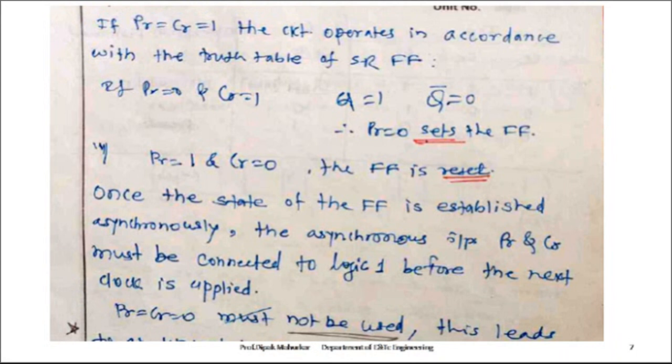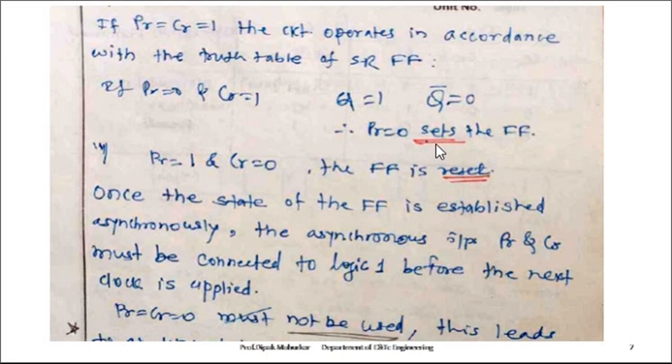So if PR and CR are equal to 1, the circuit operates in accordance with the truth table of SR. But if preset PR is 0 and CR is equal to 1, in that case Q equals 1 and Q bar is equal to 0.